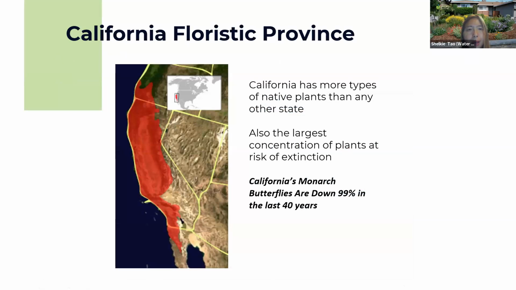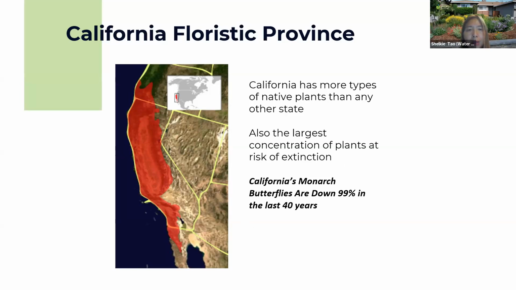California is one of the hotspots. As you can see, most of the state and a little bit of Oregon and Mexico, we call the California Floristic Province. On the one hand, we have many plant species.